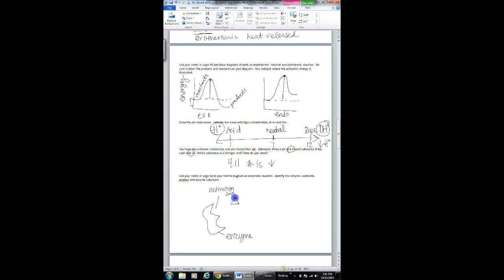And then we have our substrates that are also called our reactants. In this case, we'll have 2.